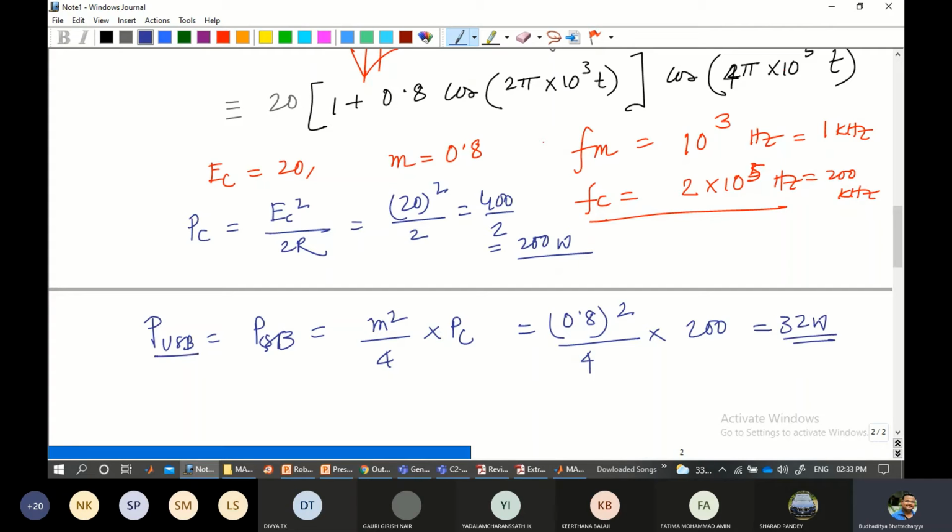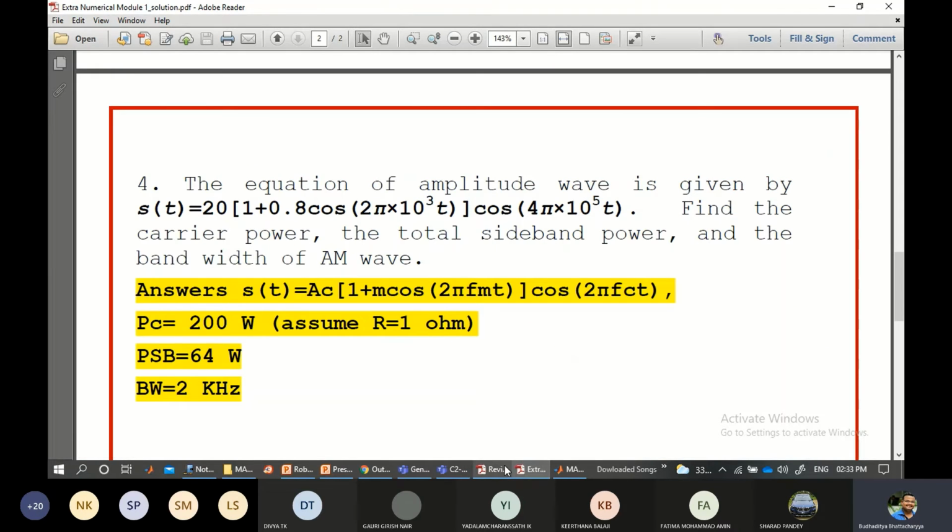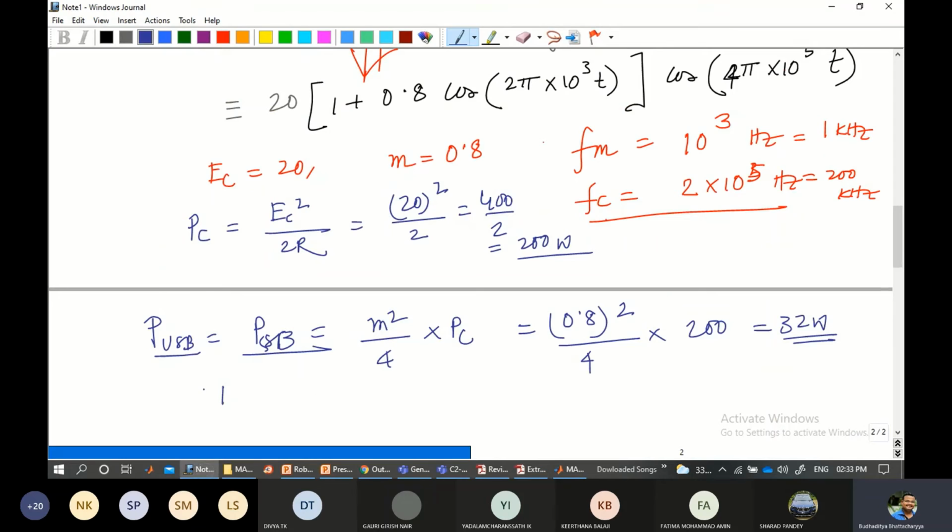But this is for USB as well as for LSB. This is where you will make a mistake. The question here is the total sideband power. It's not about only one sideband power, it's the total sideband power. So the total sideband power is 2 into 32, which is 64.